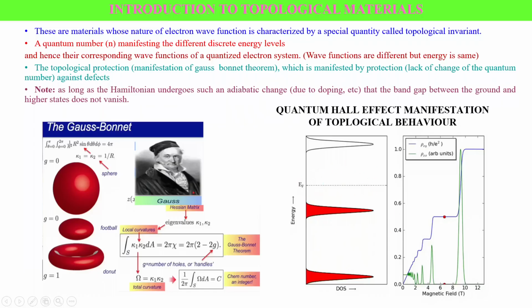And this is similar to this graph, which means that this is the conventional behavior like the football and the sphere, and this is the quantum mechanical behavior of the particles. This is the real space picture of the football, the sphere, and this is the Fourier space picture.